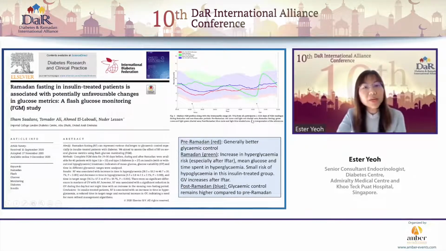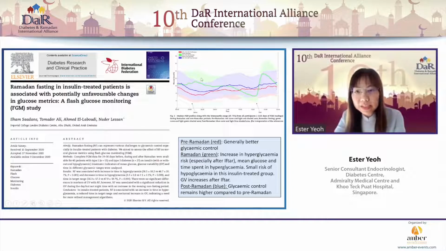By the same group, a follow-up study in 2020 looked at Ramadan fasting in insulin-treated patients, and showed that it was associated with potentially unfavorable changes in glucose metrics. If you look at the graph in the top right-hand corner, the pre-Ramadan period is in red and generally showed better glycemic control.